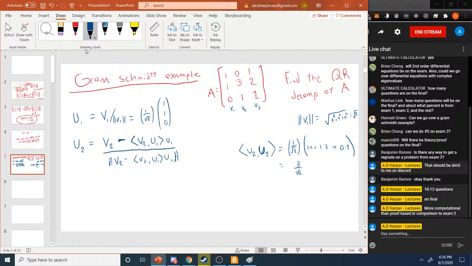So V2 minus 3 over the square root of 2 multiplied by the vector 1, 1, 0 is going to be, let's see, so if I subtract, actually I'm sorry, square root of 2 here, and this is also divided by the square root of 2, so this should actually just be divided by 2.